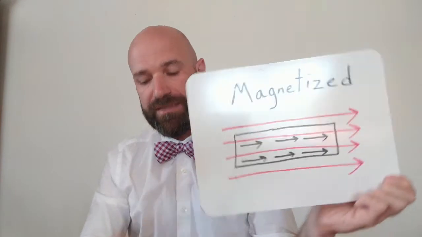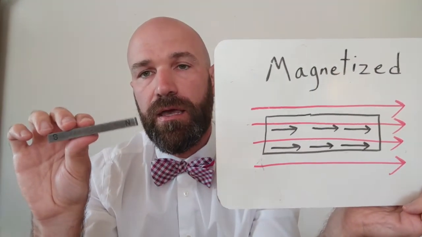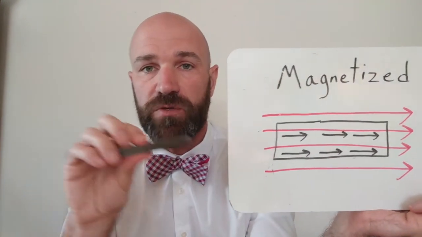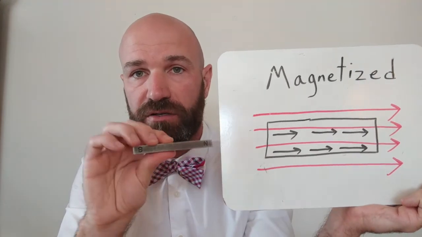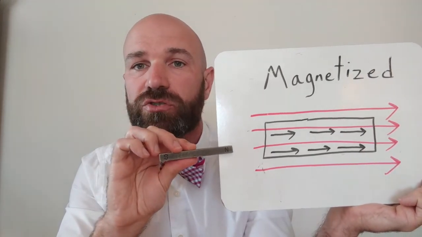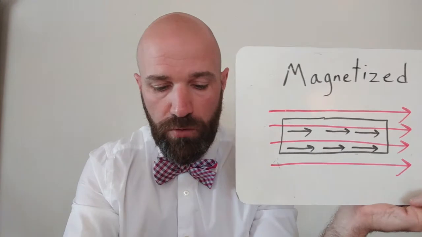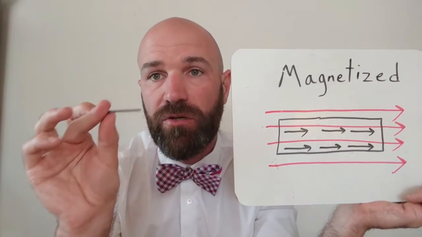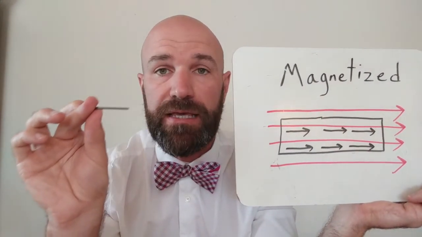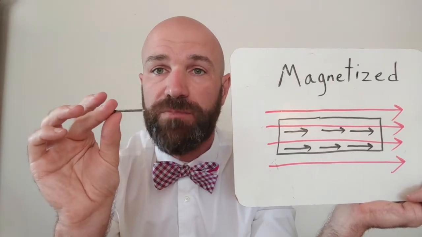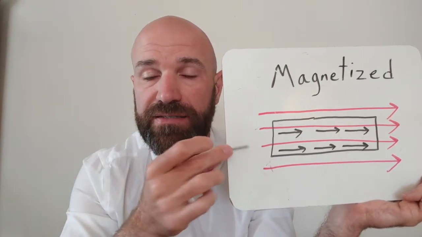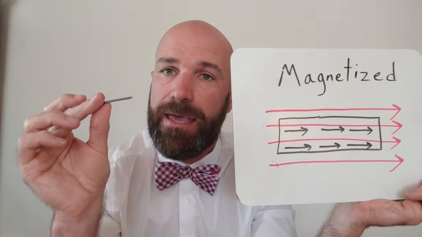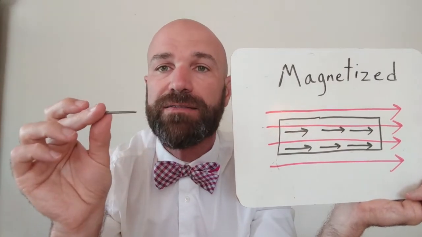So if we take this magnet and its magnetic field, which is represented by the red lines here, let's say it's in that one direction, that strong magnetic field will make all the magnetic domains here get in line. It has a big influence. And once all those magnetic domains get in line with this, then this thing becomes a magnet. All right, it becomes magnetized, we could say.